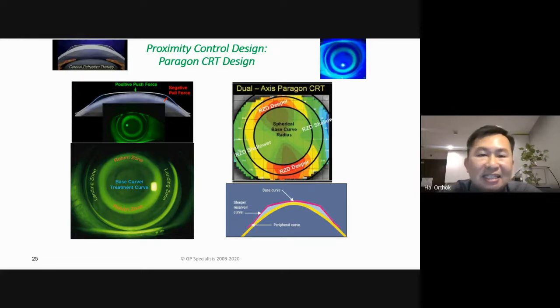So Paragon CRT takes a little bit longer to bring the patient to plano, but it's very safe and very comfortable. And the central thickness of the Paragon CRT lens is only 1.89 millimeter compared to 2.4 millimeter for most Ortho-K lenses. So Ortho-K with Paragon CRT is the safest treatment for most practitioners looking for treatment under 6 diopters or lower.